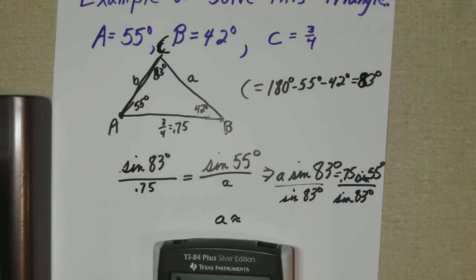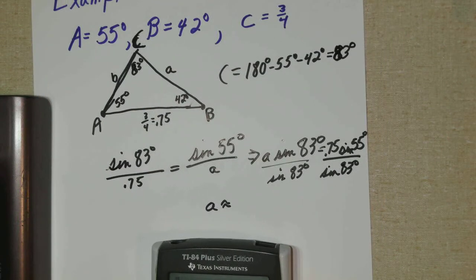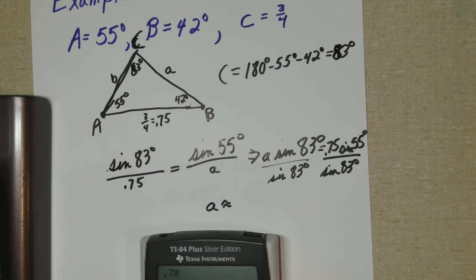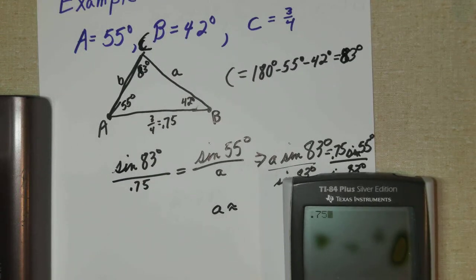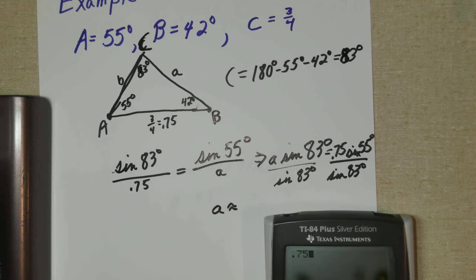I'm going to take 0.75 times the sine of 55 and divide that by the sine of 83.